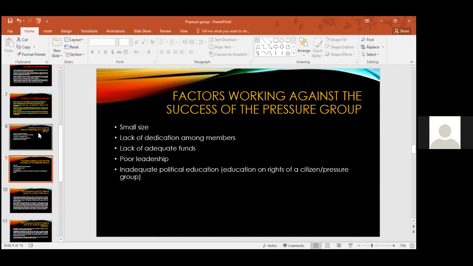And then the last one, inadequate political education. Now, if members of the pressure group don't know about their rights, because when we say political education, we're talking about being well inclined, like being learned in aspects of politics. One of the reasons why we teach government is for us to understand everything that has to do with the political setting of a particular country or of the world itself.